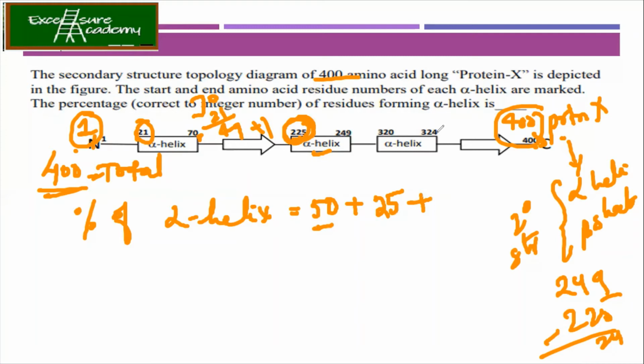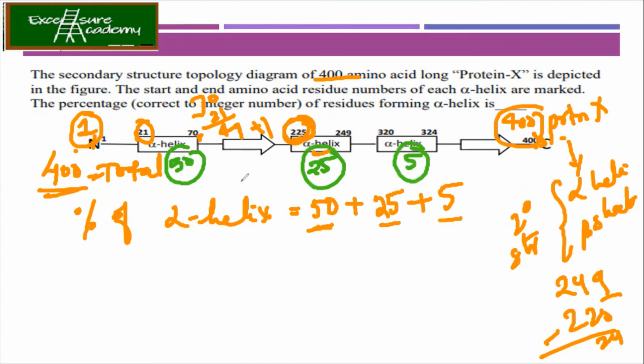If you subtract directly, you will get only 1, but you will have 2 amino acids. Is this clear to everyone, how we are getting 50, 25 and 5? So here 50 amino acids, here 25, and here 5.